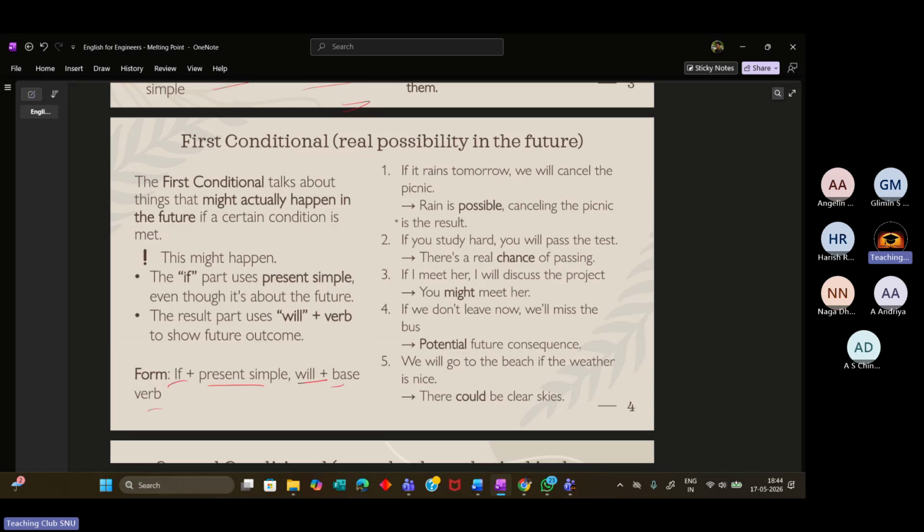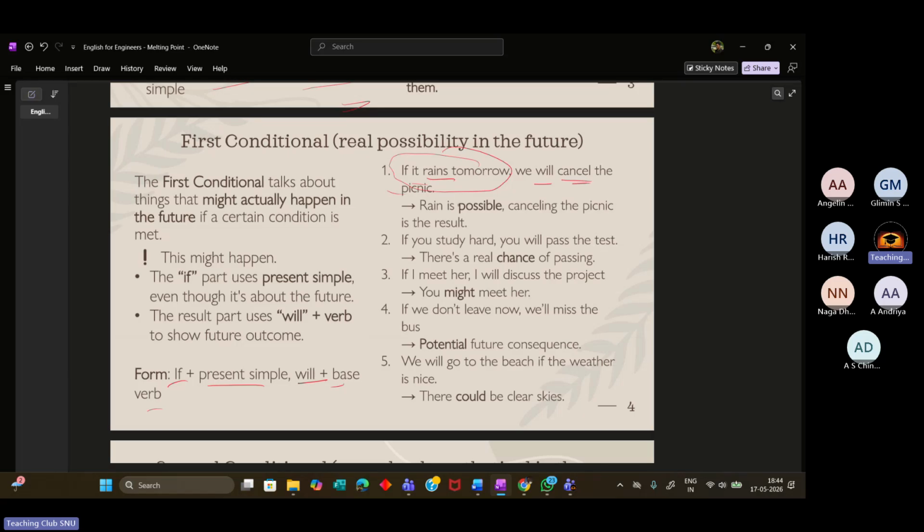Example: if it rains tomorrow, we will cancel the picnic. The rains is in simple present. So if there is a possibility of it raining tomorrow, and if that happens, we will cancel the picnic.